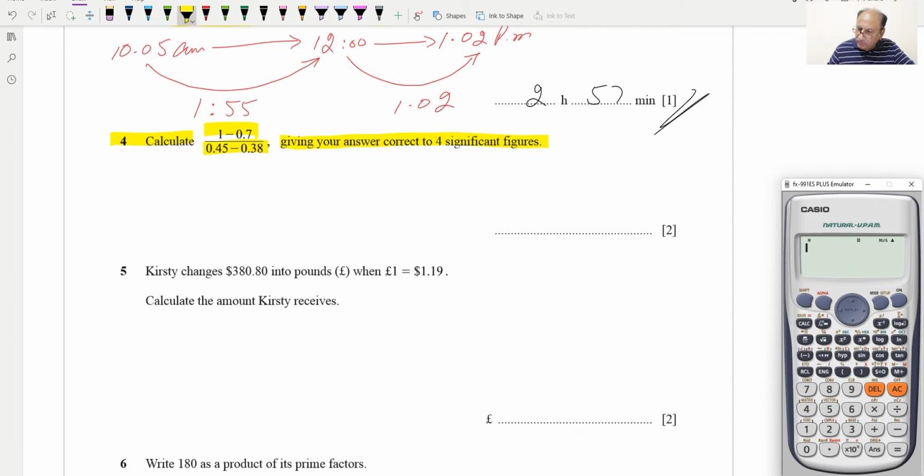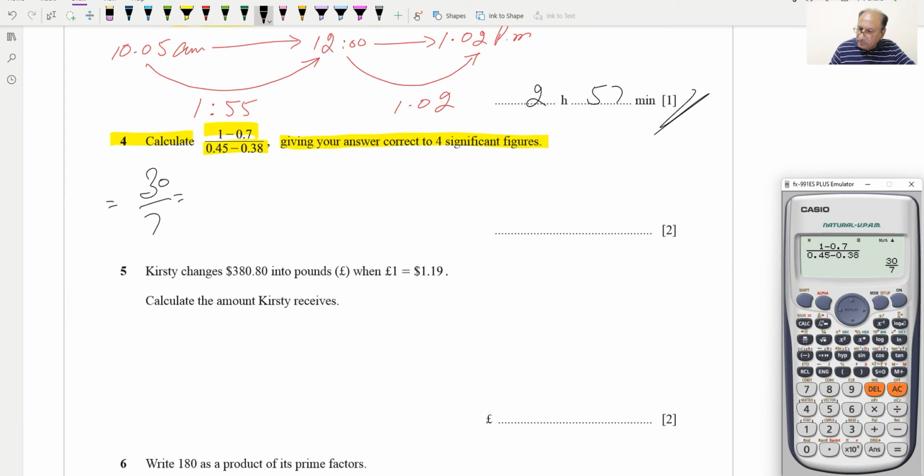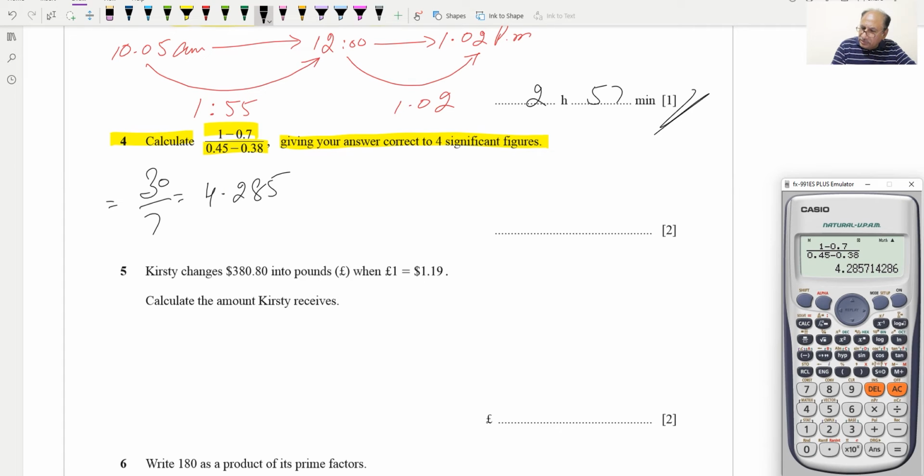So we can type the fraction as 1 minus 0.7 over 0.45 minus 0.38, and this will be 30 over 7, which we can write in decimal format as 4.285 and the next digits will be 714.